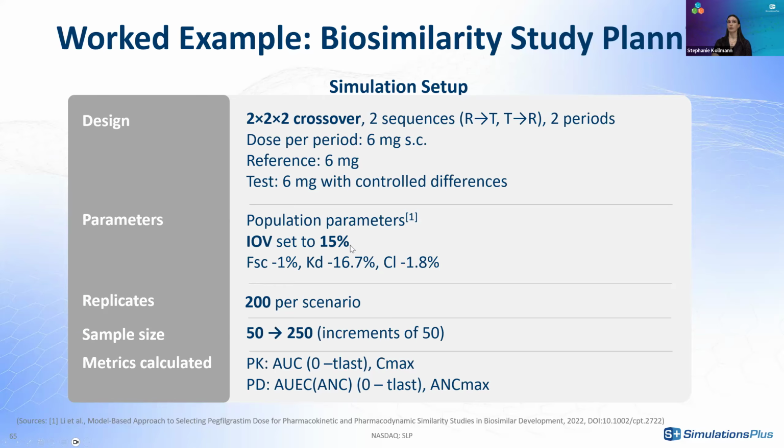So we fix in this example IOV to 15%, and we apply the 3 literature-derived parameter differences simultaneously, all at once. And we run 200 replicates in our simulation. We evaluate different sample size batches up to 250 and compute standard endpoints. Here for PK, the metrics would be AUC from 0 to T last and Cmax. And PD metrics would be AUEC, also from 0 to T last, and ANC max.